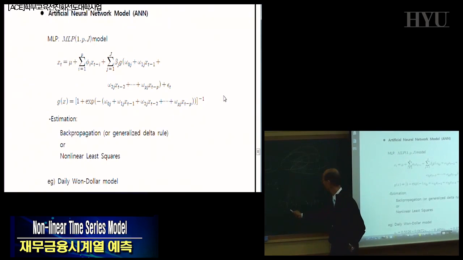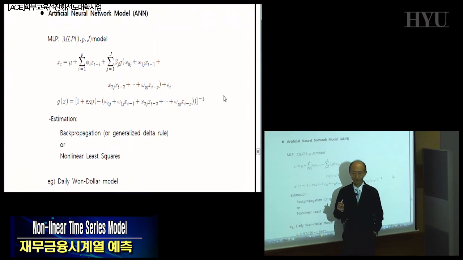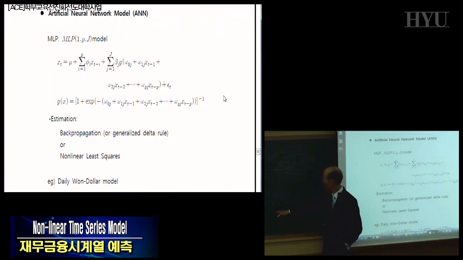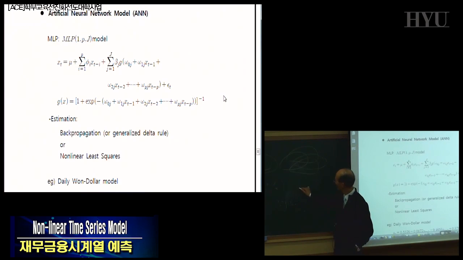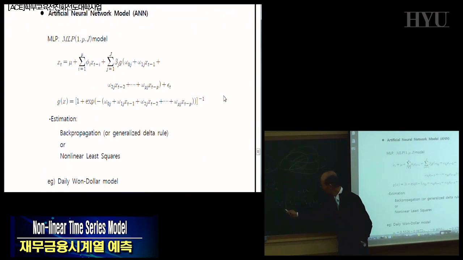is, again, we are dealing with some unknown function. And we've seen that from Taylor series expansion, we can set up the model as a generalized autoregressive process, right? But this time, we try to set up this function slightly differently.